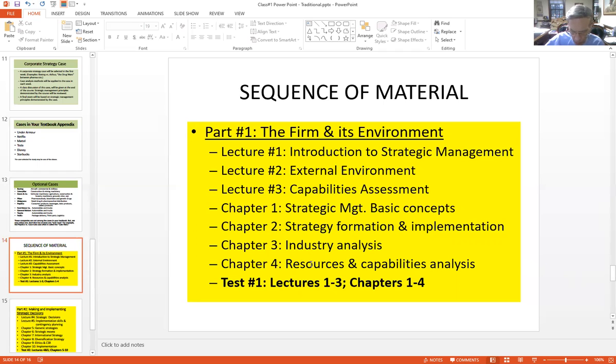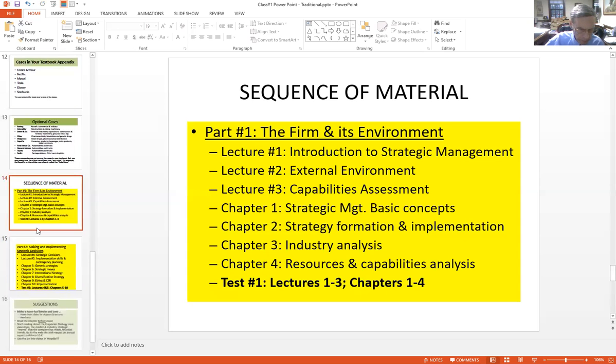And here we're getting the input from Professor Pederaff that I mentioned earlier. My lectures will be on, first of all, an introduction to the discipline and profession of strategic management, and then we'll get into external environment and capabilities assessment.